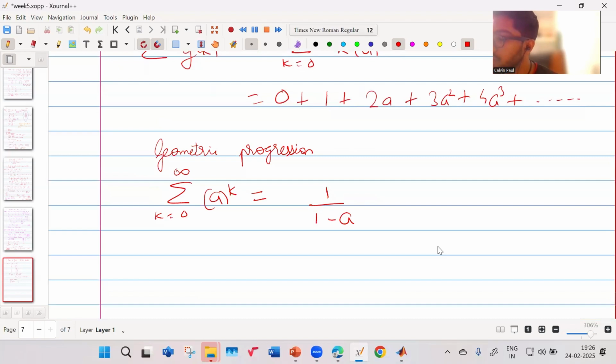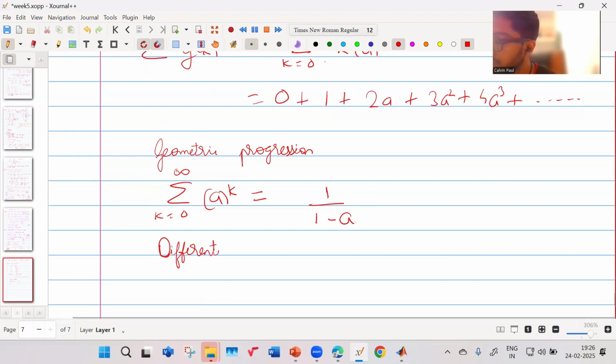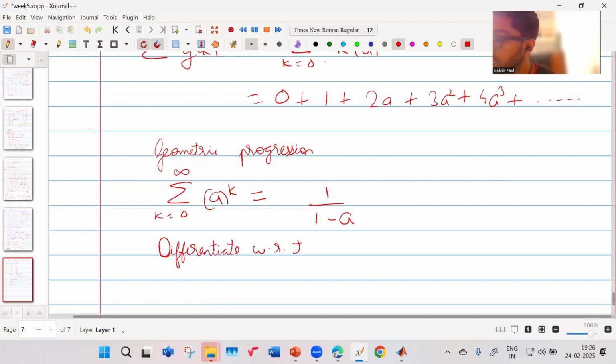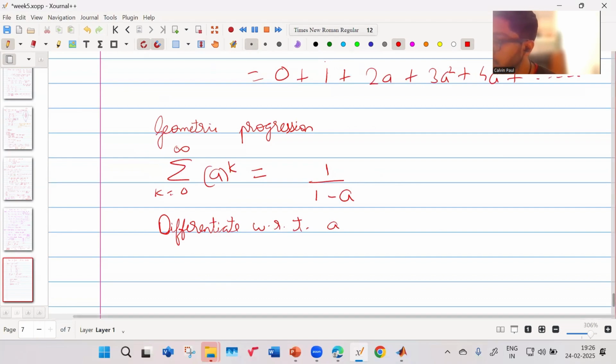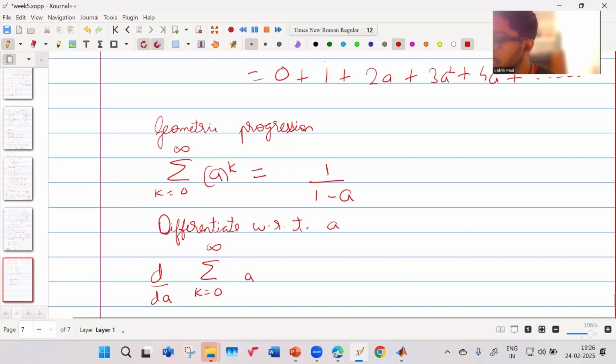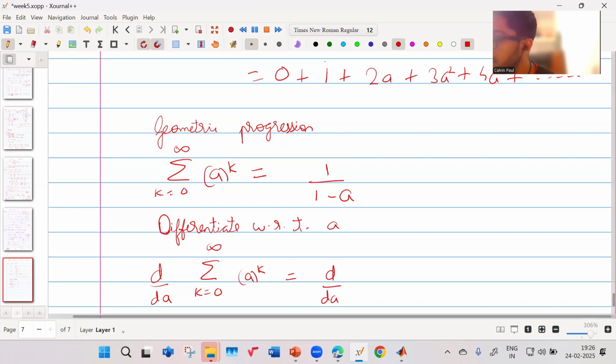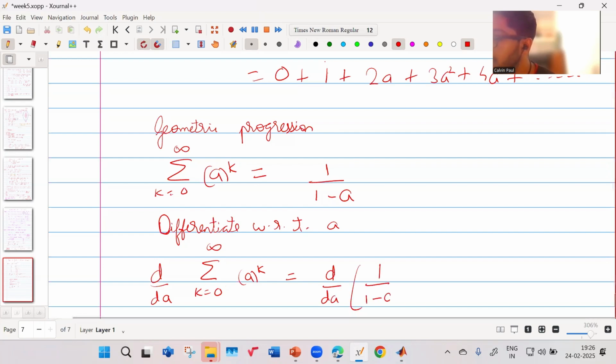What we will do is differentiate with respect to a. So that means we have d by dA of summation k equal to 0 to infinity a raised to k, equal to d by dA of 1 upon 1 minus a.